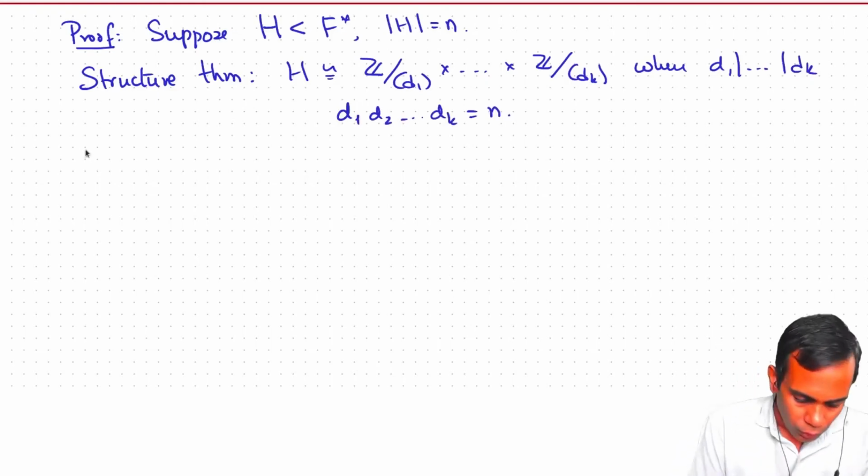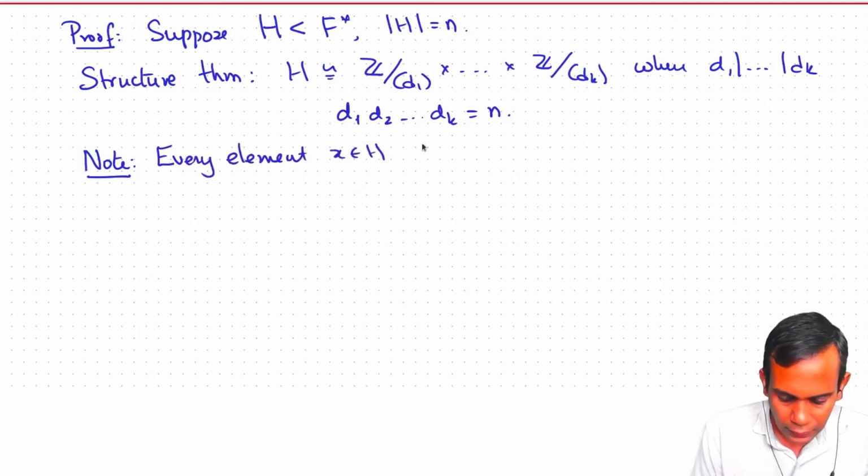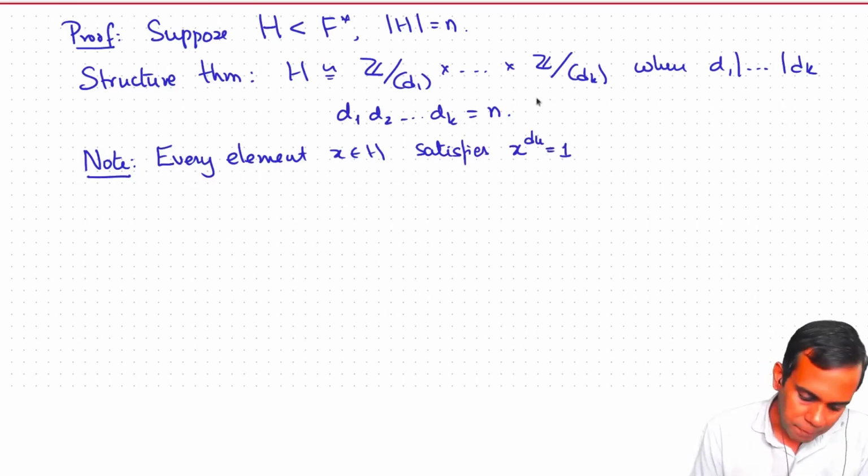Okay, now note that every element of H satisfies x to the power dk is equal to 1, because the order of each of these cyclic groups divides dk.